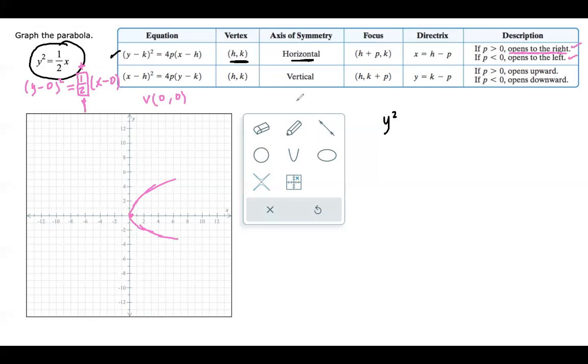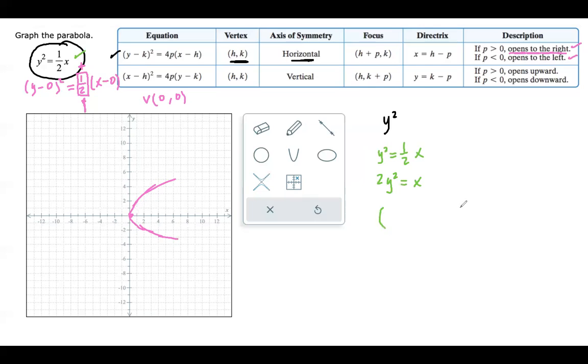We usually go for the focus, but right now we're going to do it in the way that we previously knew. Because right now we have a horizontal parabola opening to the right, I can try to solve for x in this equation, and I'm going to have 2 times y squared is equal to x. Instead of having y squared equals 1/2 of x, I multiply everything by 2. We usually try to see what happens when we have an x value and we go for the y value.